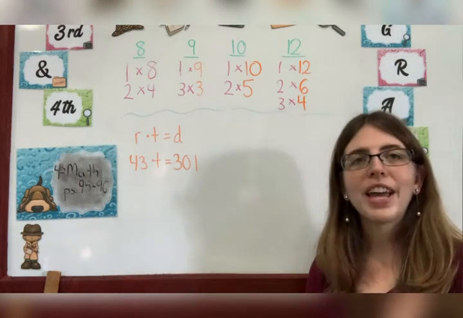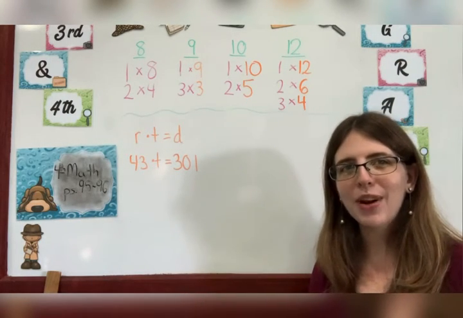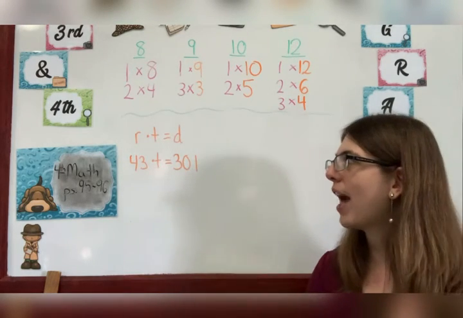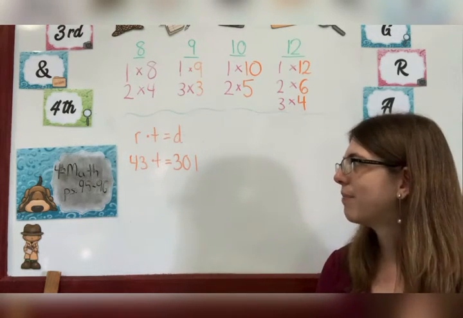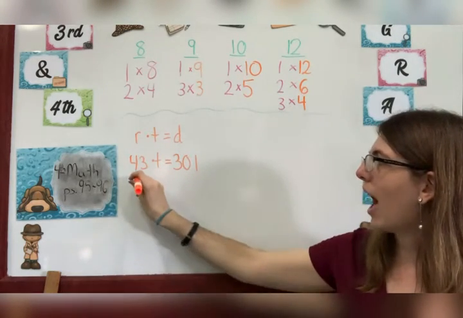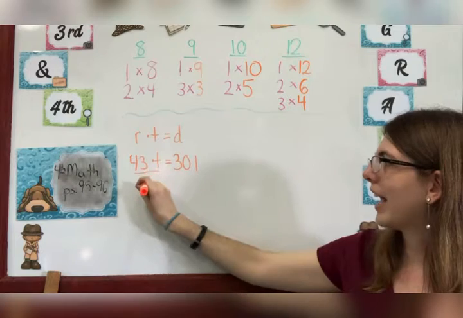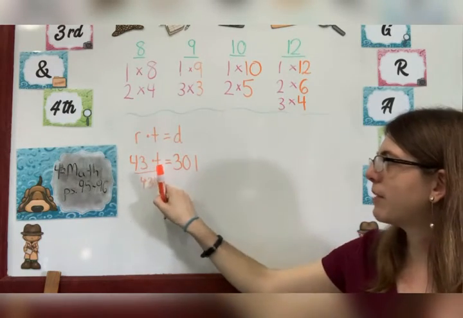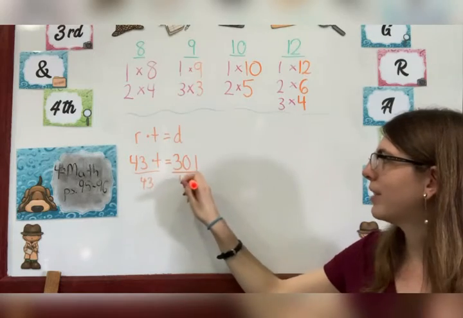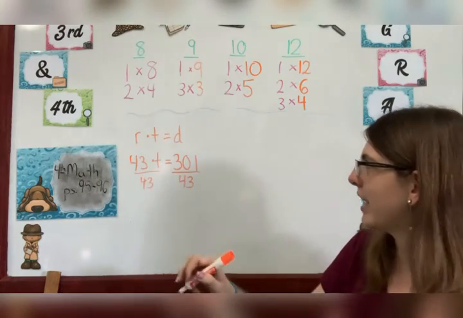So now I have an equation. You've done these in 3rd grade. To solve this, I have to do the opposite of whatever I'm doing to the t. I'm multiplying 43 times t. So the opposite is to divide. When I draw that fraction bar, that means divide. So I will divide both sides by 43.